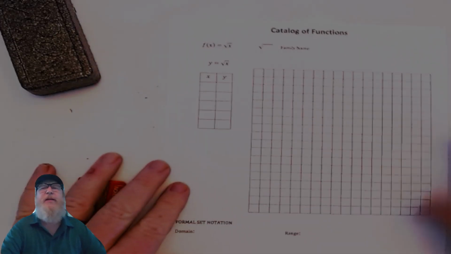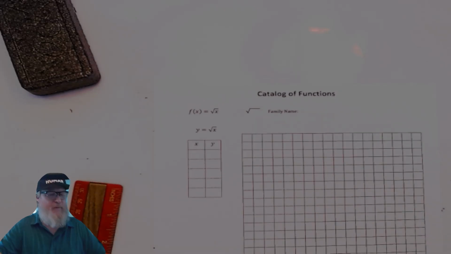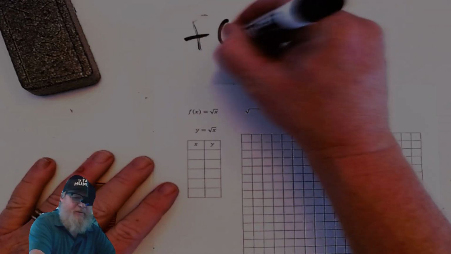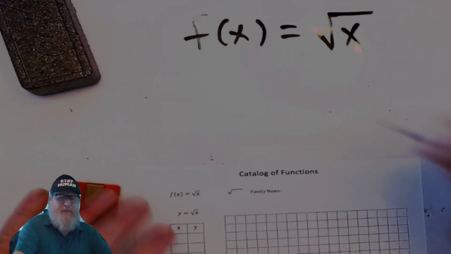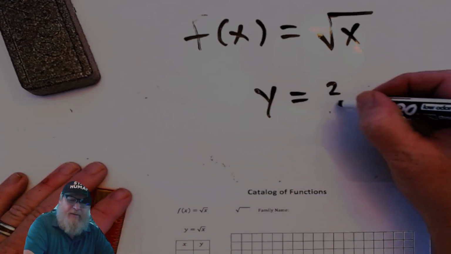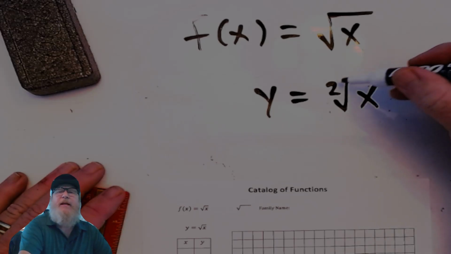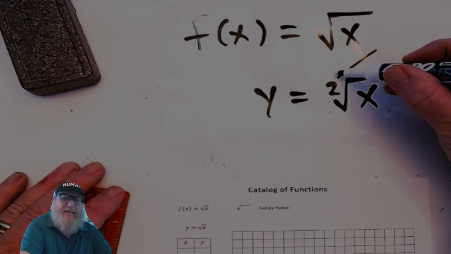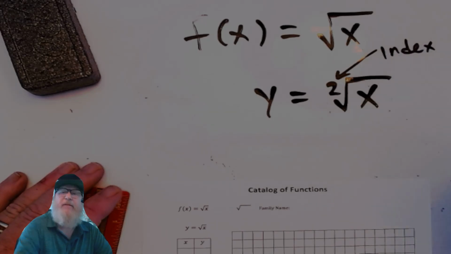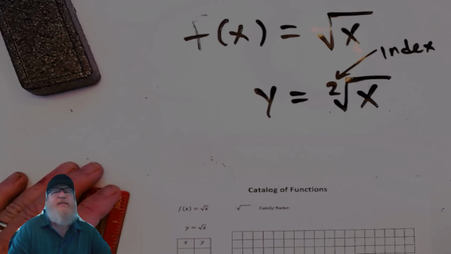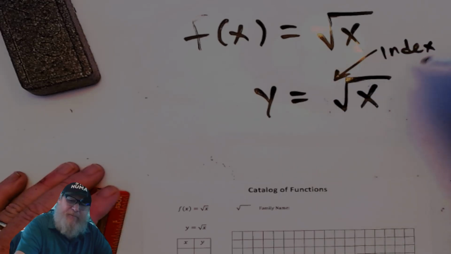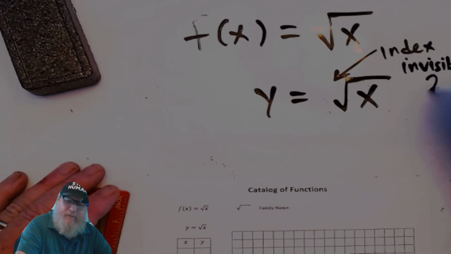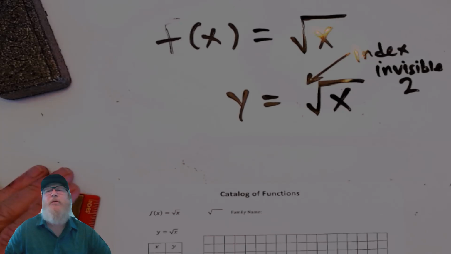Our next function, the square root. Sometimes it's written this way with an index of 2. We call that the index. It does not have to be there. If you don't see it, it's an invisible 2.